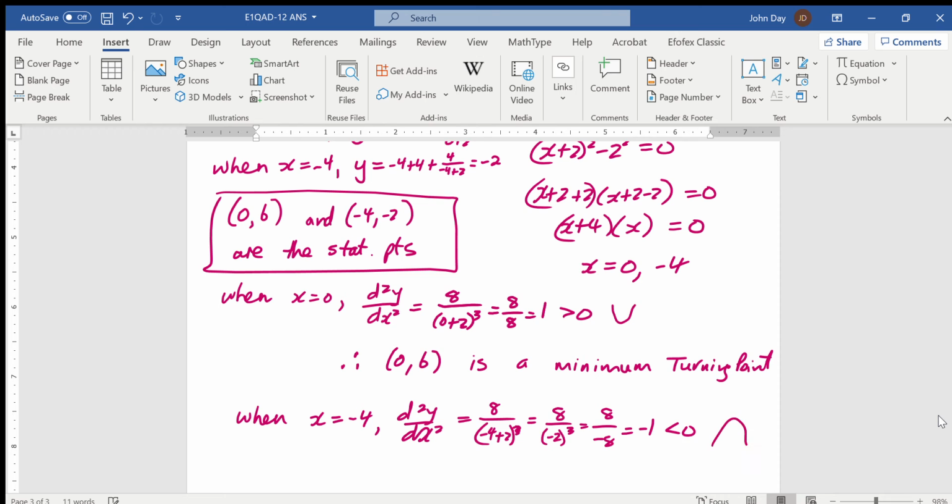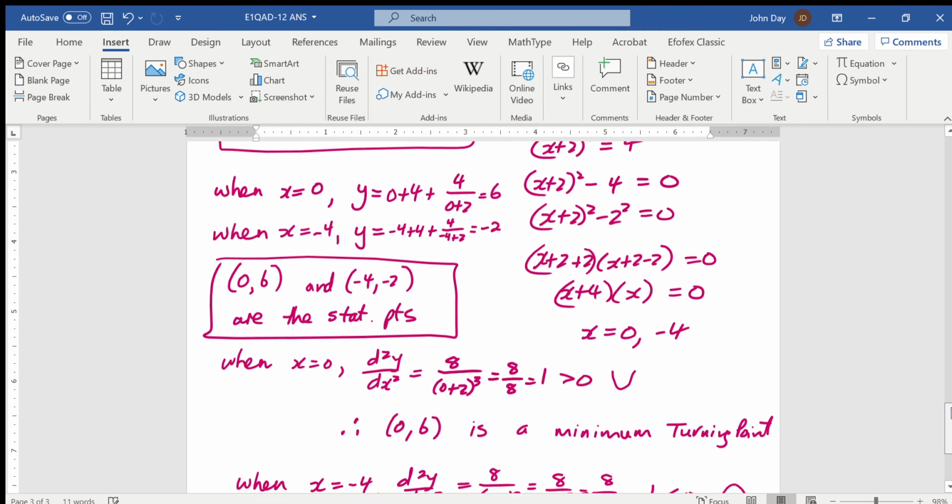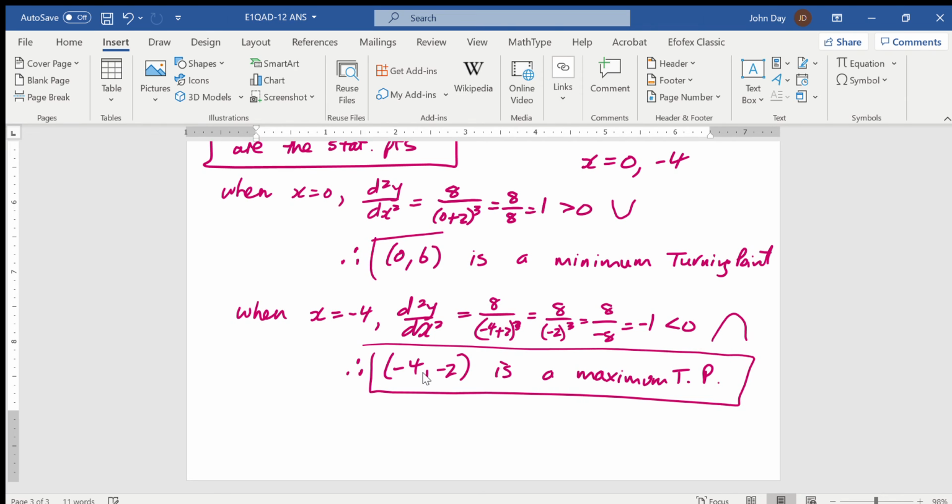So it's concave down, which gives us a maximum. So therefore, our point (minus 4, minus 2) is a maximum turning point.